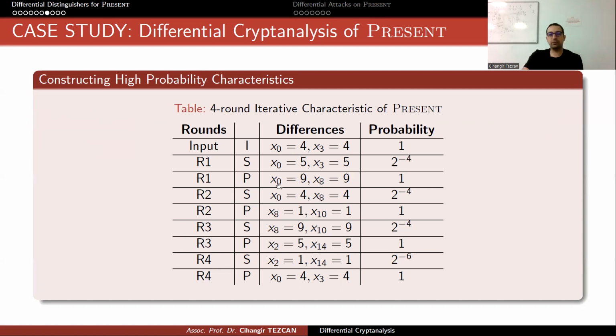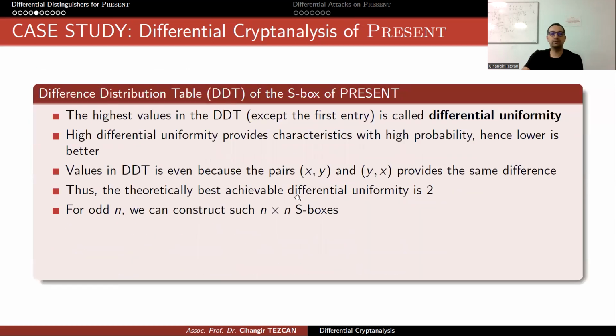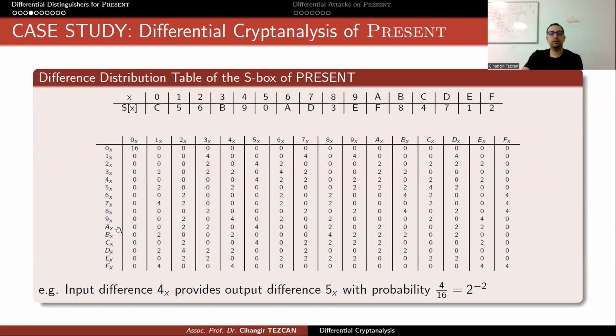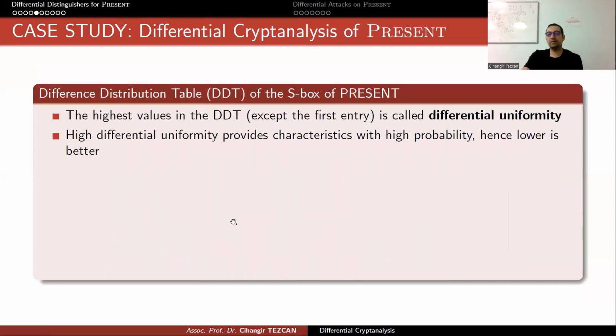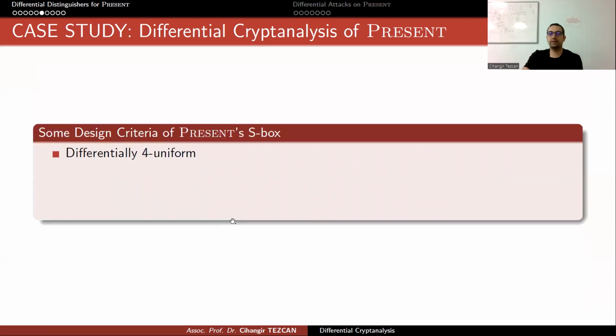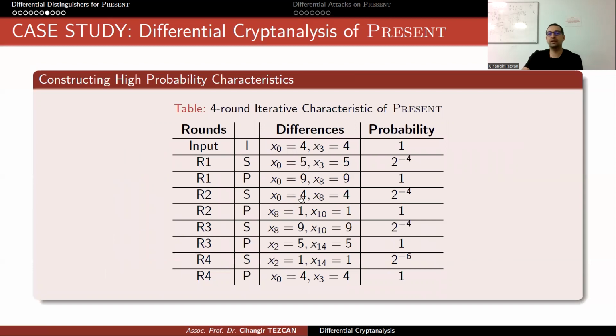Now the question is, if my S-box has input difference 9, what can be the output with high probability? You again go back to the DDT table and look at what happens when the input difference is 9. You observe that there are some 2s, but there's 4 here for the output difference 4. And the attacker just focuses on that scenario. Says that, okay, let's assume that the output is 4. And this again happens with probability 2 to the minus 4.